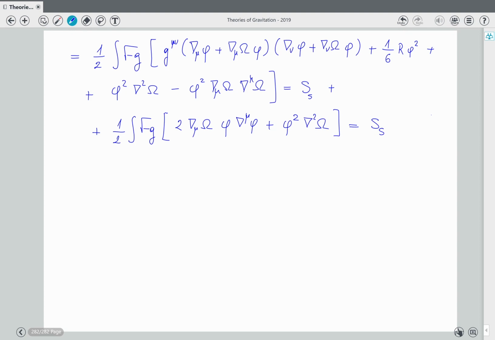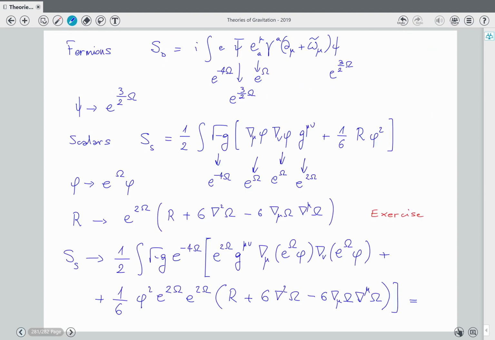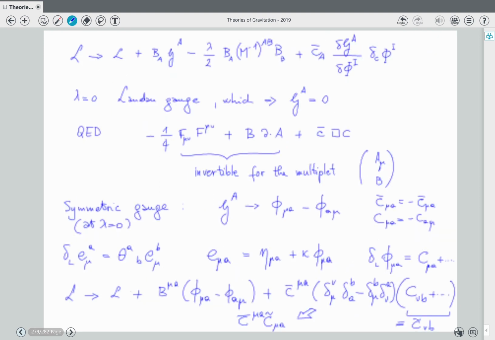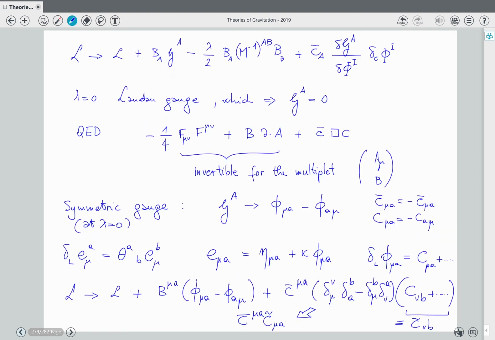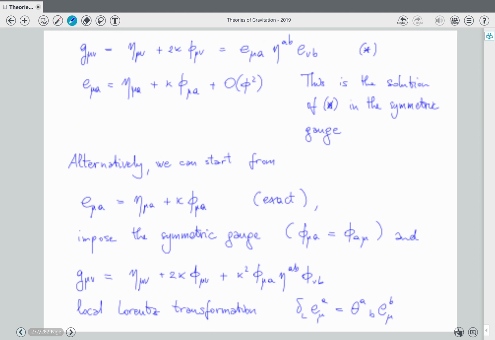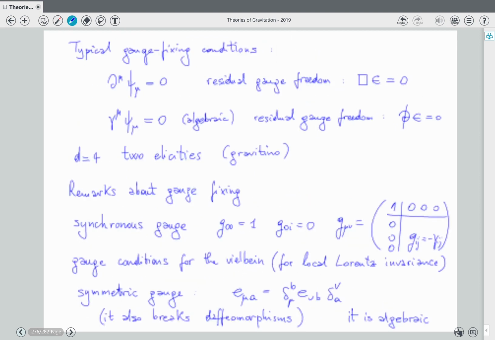We don't have a lot of time, but for the future it will be useful to work out stress tensors, which we have not done so far. Let's do it in one case at least. Stress tensor of gauge fields.